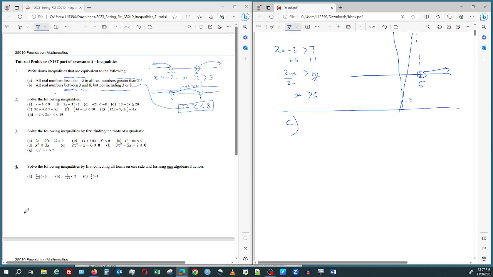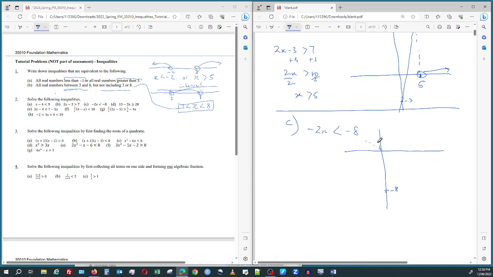What have we got for C? Minus 2x minus 8. Minus 2x is less than -8. So what does that mean? Well, we've got to have a look at our geometry, okay? And I'll put -8 down here. And minus 2x is a negative, so that's a minus x.